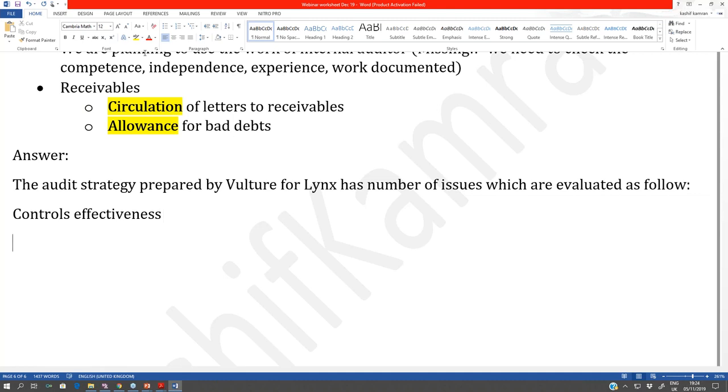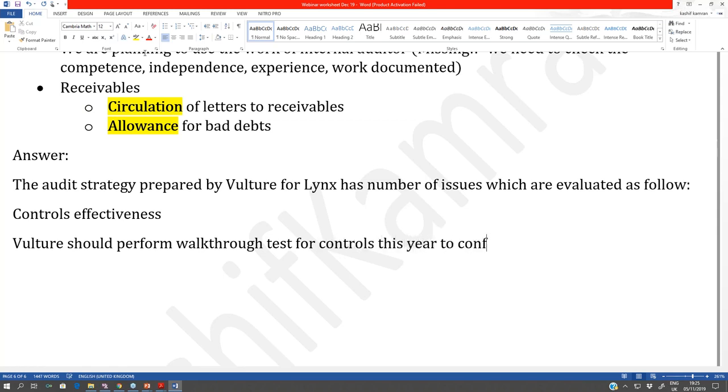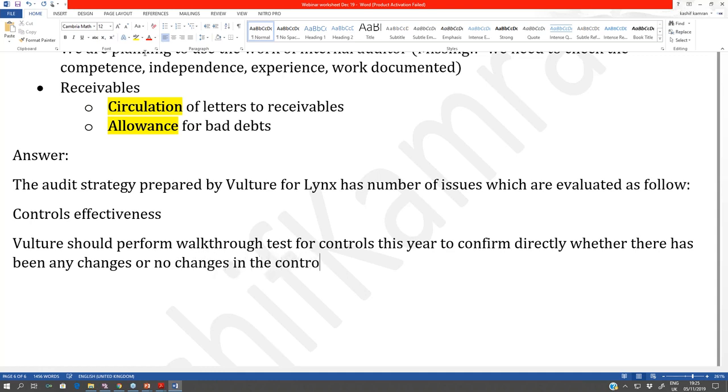The very first problem under control effectiveness: Vulture should perform a walk through test for controls this year to confirm directly whether there has been any change or no change in the controls from the last year.